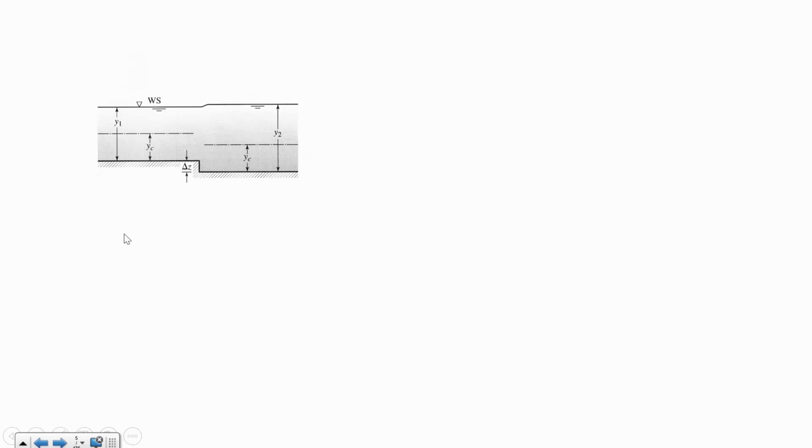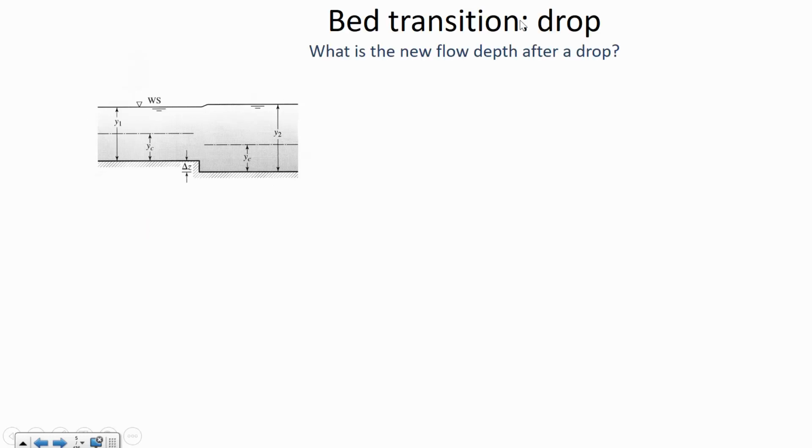All right, so this is a step down, a bed drop. The classic problem type associated with this is: what will be the new depth downstream? It's not going to be the same depth. The reason is that the flow is gaining energy between 1 and 2. Think about how much energy is there at 1.